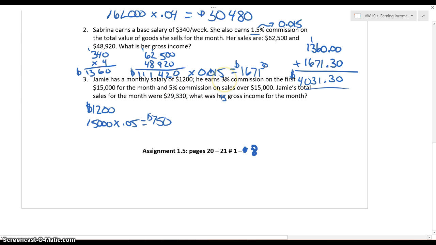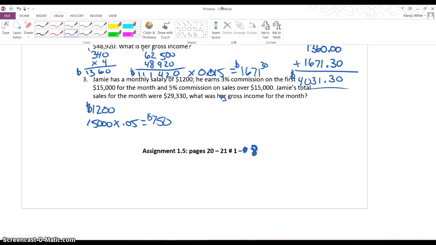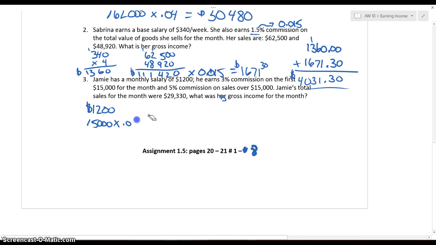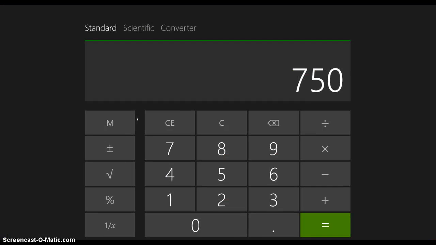Oh, I'm sorry, I did that wrong. This should be a 3. Let's fix that right now. Eraser. So the first 15,000 here is 3%. Helps if I read my own work. So 15,000 times 0.03 is 450.